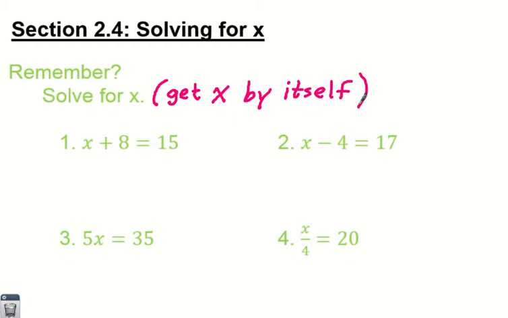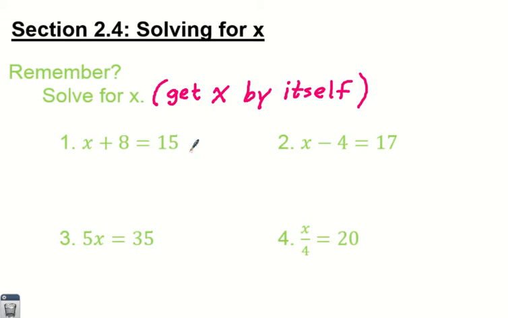Remember, I can call these equations because there's an equal sign. So this is not just an expression, it's an all-out equation. It's got an equal sign, which breaks this up into a left side of the equation and a right side of the equation.